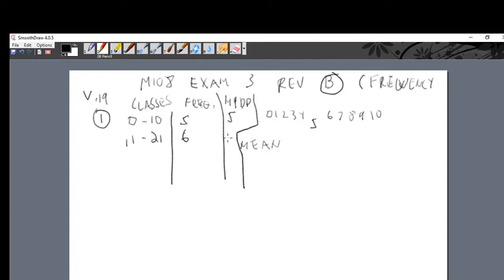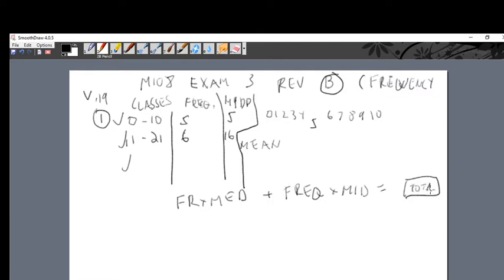You get the midpoint, which is in this case 16, because 16 is smack in the middle between 11 and 21. And what do you do? You multiply the frequency times the midpoint, and you keep doing it. You do it here, you do it here, you do it here. Frequency times the midpoint, plus frequency times the midpoint, and keep adding them up until you get a total, right?